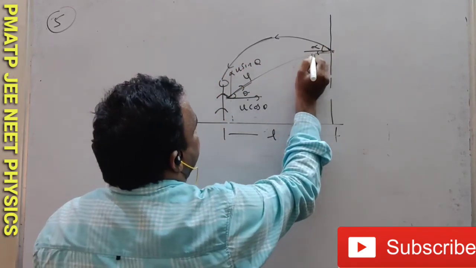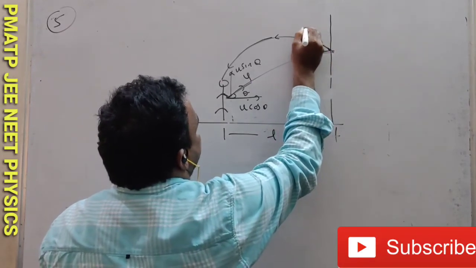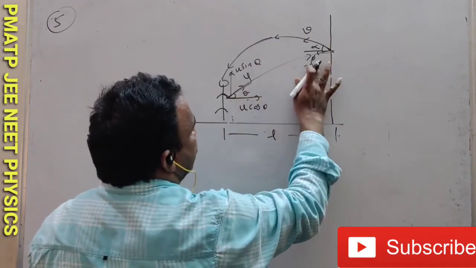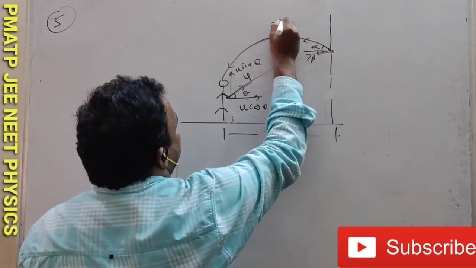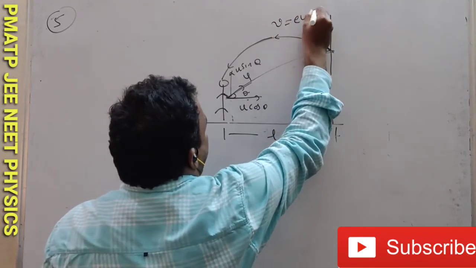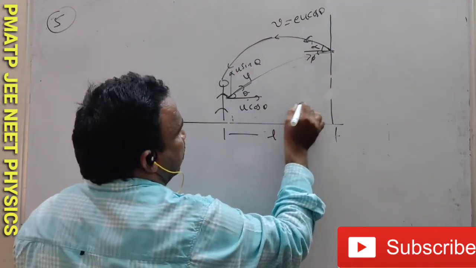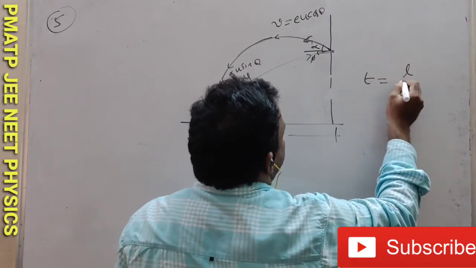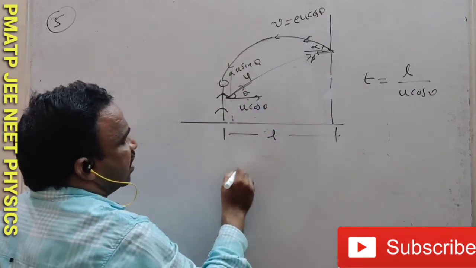After collision it rebounds back. Let us assume the velocity is v, which is e times u cos theta. It comes back, so the time taken to reach the wall is t equals L, the distance, by velocity u cos theta, and it comes back with time t dash.